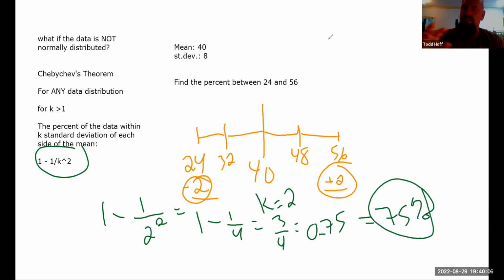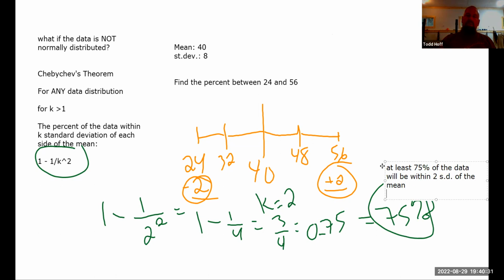So for any data distribution, we expect at least 75% of the data will be between, or within, 2 standard deviations of the mean. So that's Chebyshev's rule, which follows the empirical rule, but Chebyshev's rule is for any set of data.